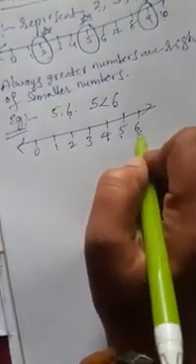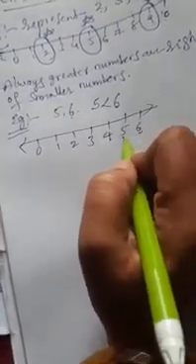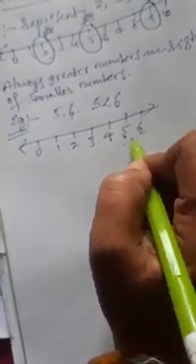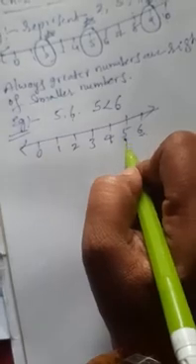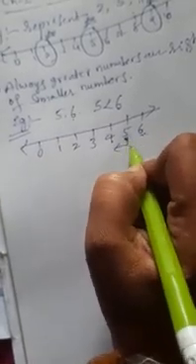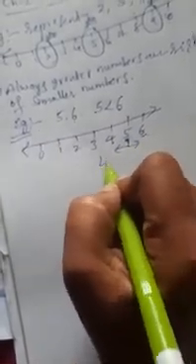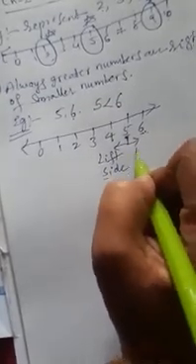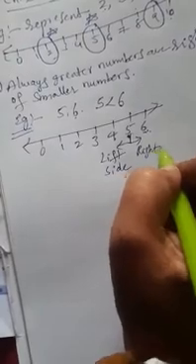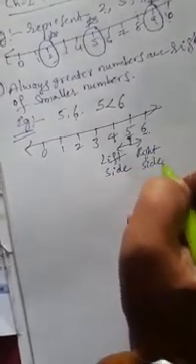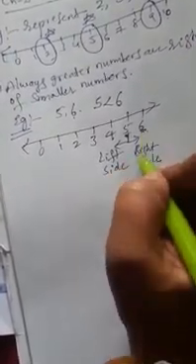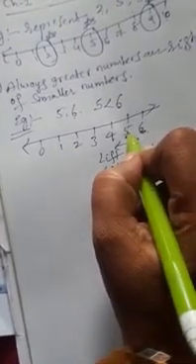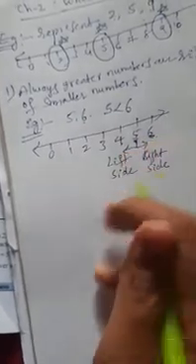Greater numbers always lie to the right of the smaller numbers. This is the left side, this is the right side. So always, greater numbers are on the right side of the smaller numbers. This is one important point.